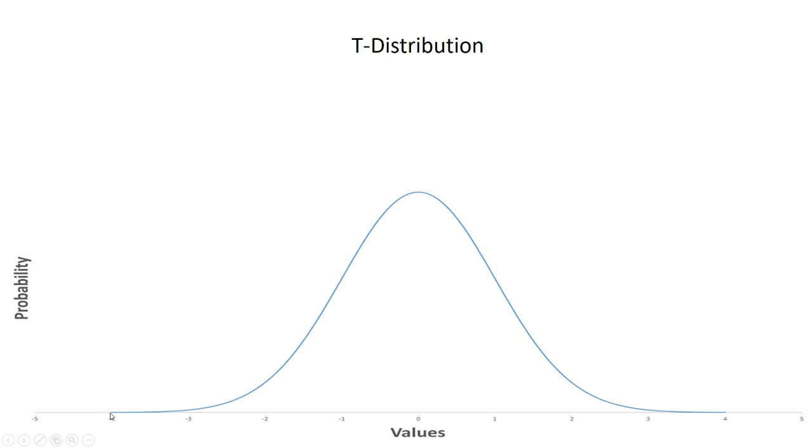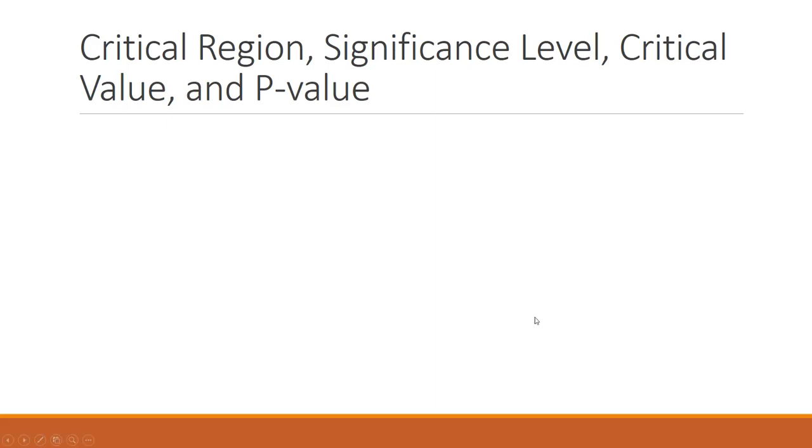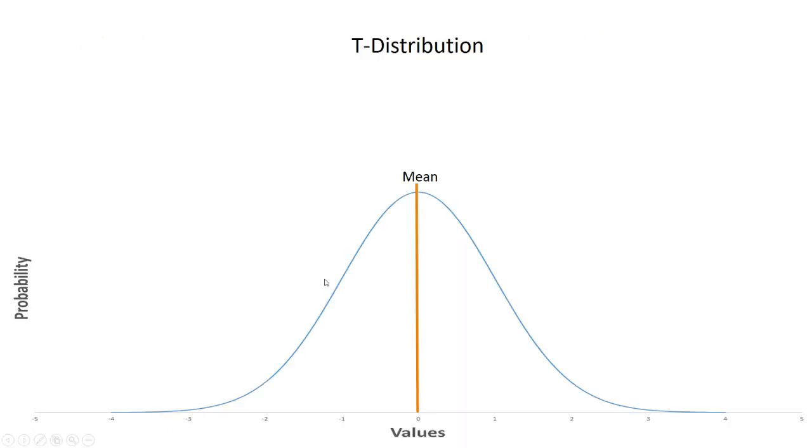T-distribution. You recognize, okay, this is a distribution. It looks very similar to a standard normal, but it's just a little flatter on top and a little more widely distributed. All right. It has a mean of 0. And I'm going to go through step by step and illustrate using the t-distribution how we do our hypothesis testing.